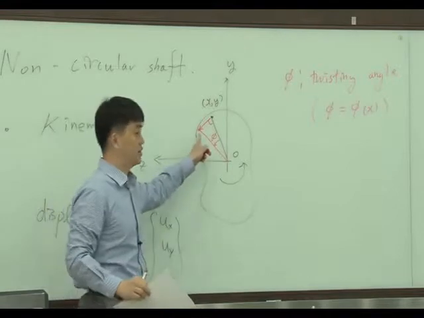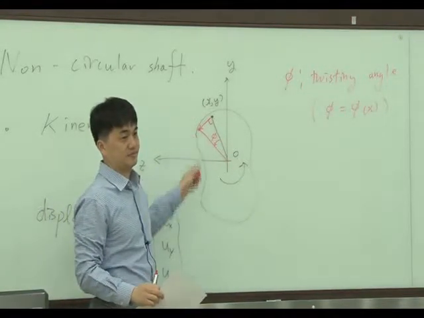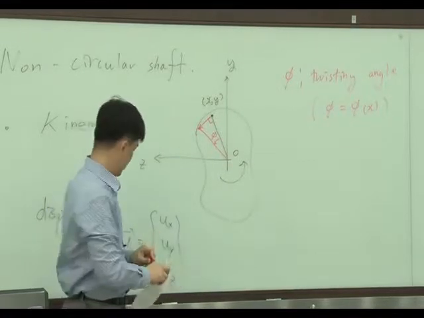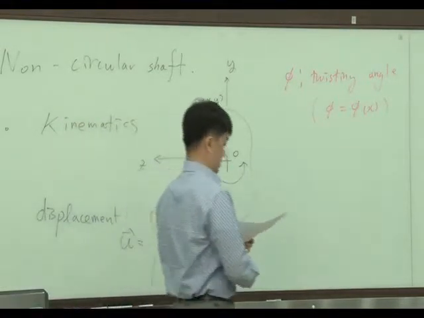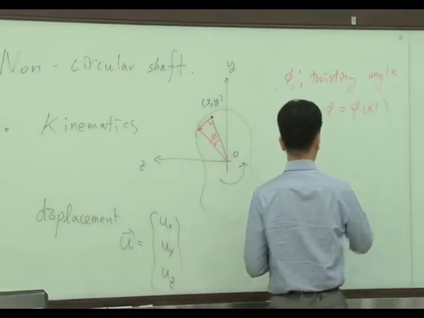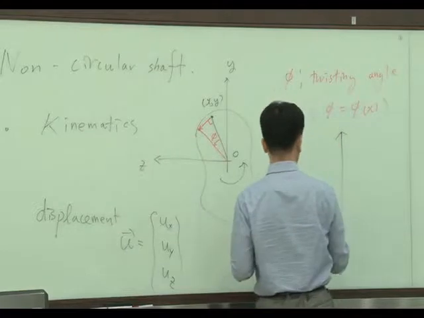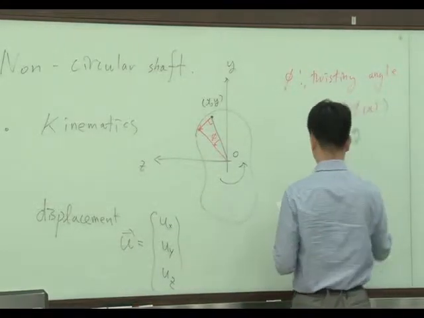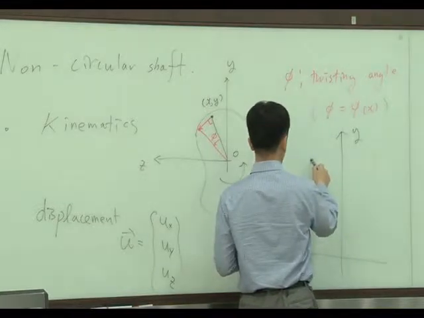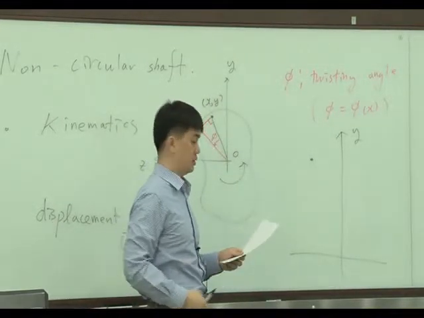How can I find this new point? We need some simple geometry. Let's say this is the y-axis here, and this is the material point x, y.